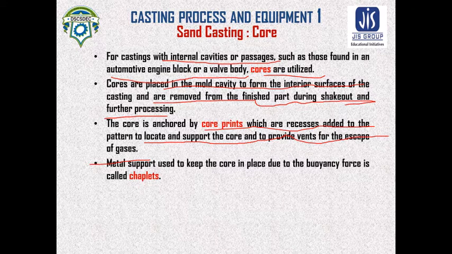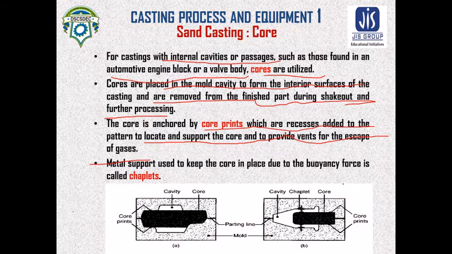Those metal parts are known as chaplets. Here in this picture you can see the core prints, core, cavity, parting line, mold, and here you can see chaplets. Here you can see chaplet, core, core print, and cavity.